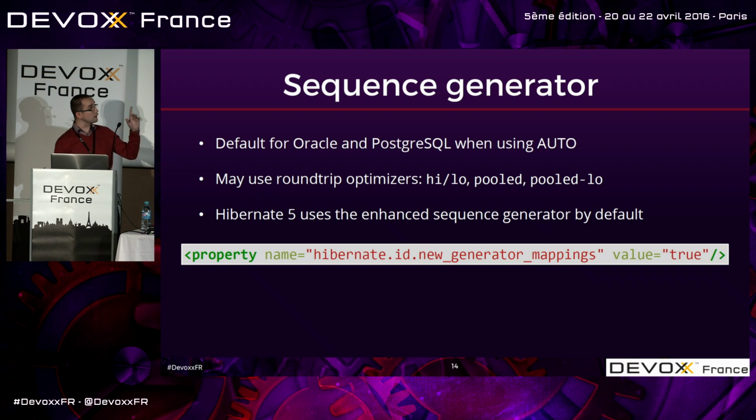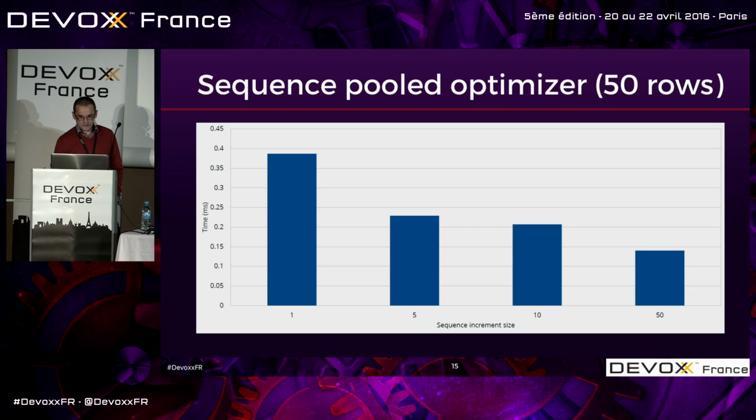And between hi-lo and pooled-lo, the hi-lo was a legacy optimizer. It didn't work well with other applications, because when you were trying to insert, you had to know the algorithm in order to insert and not generate clashes. But fortunately, the pooled and pooled-lo are fixing this, so they are interoperable with other systems as well.